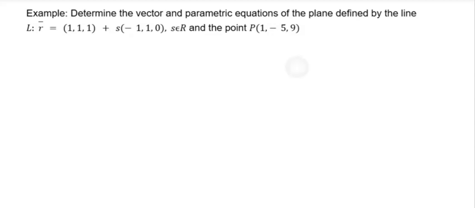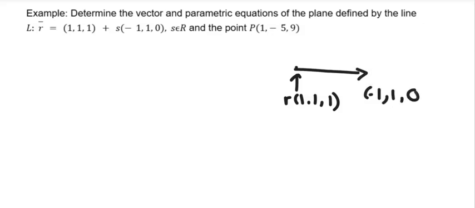So let's say that this is the point on my plane, 1, 1, 1. And I know for sure that this line is going in this direction, and we'll call this direction -1, 1, 0.